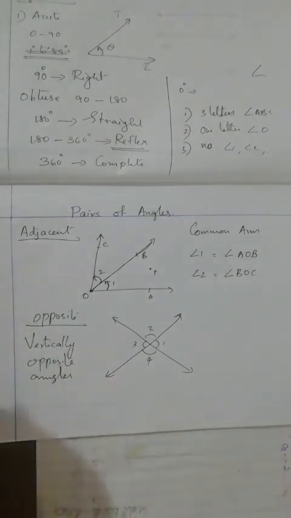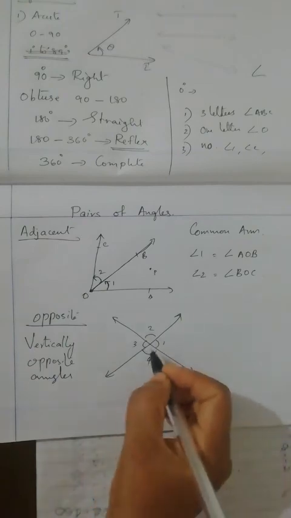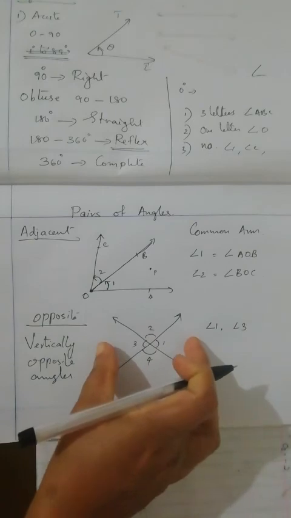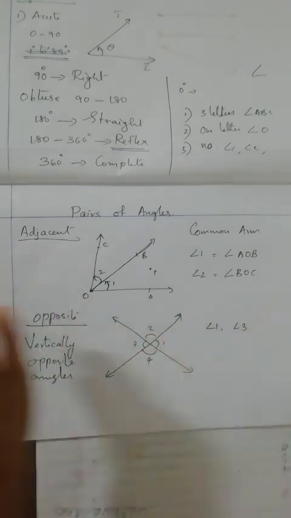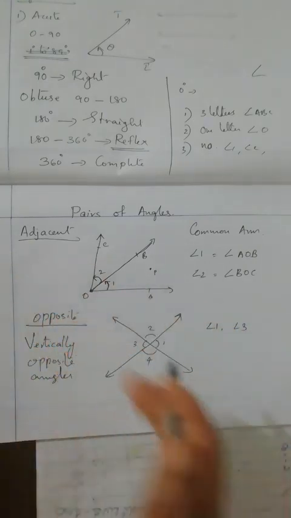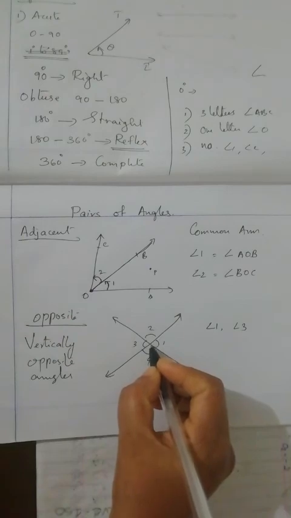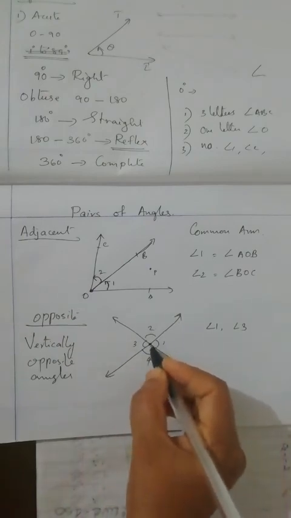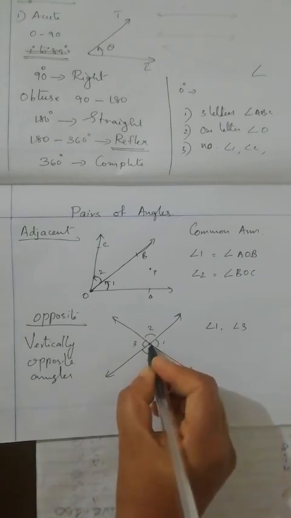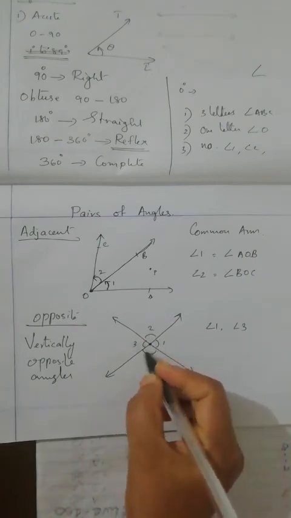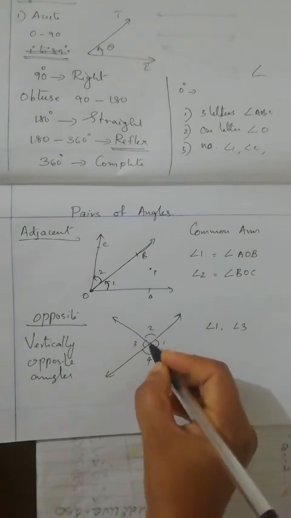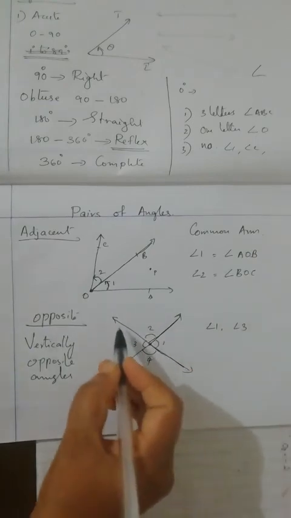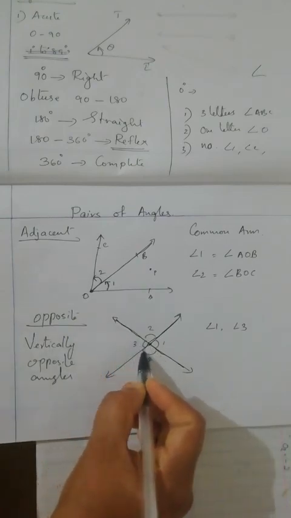Vertically opposite angles are two angles like angle 1 and angle 3. They are standing on opposite sides. They have a common vertex, but no common arm. Angle 1 has its arms here and here, and angle 3 has its arms here and here.